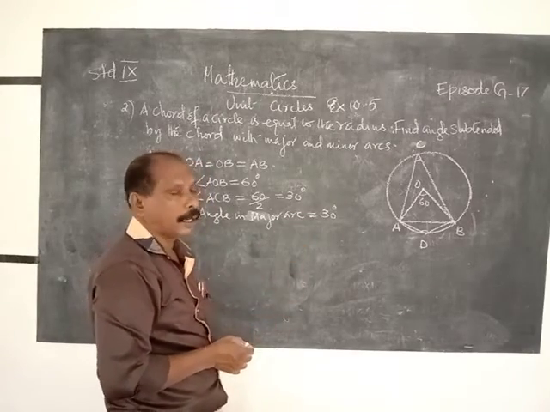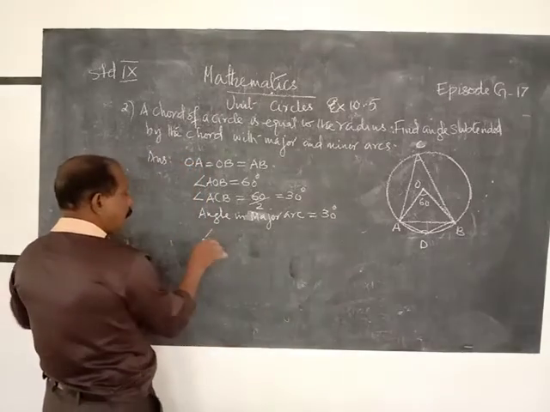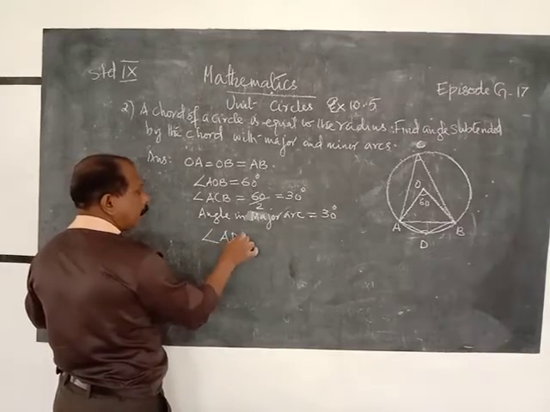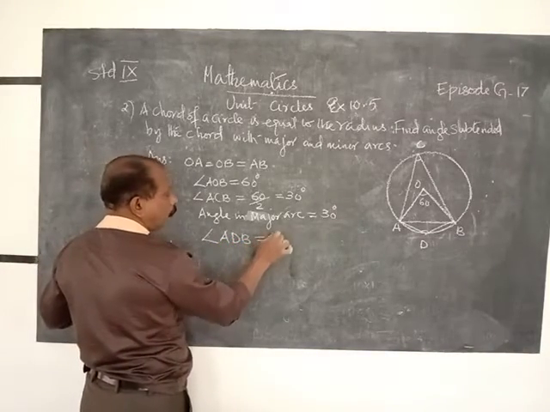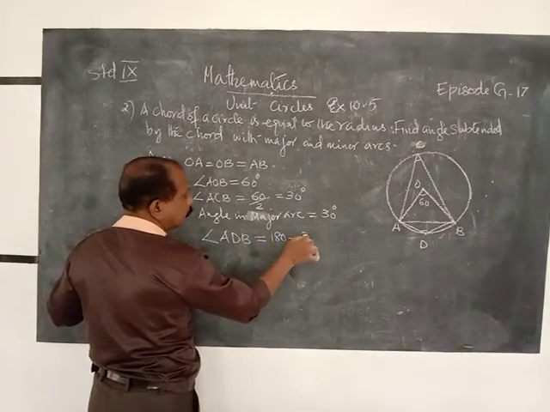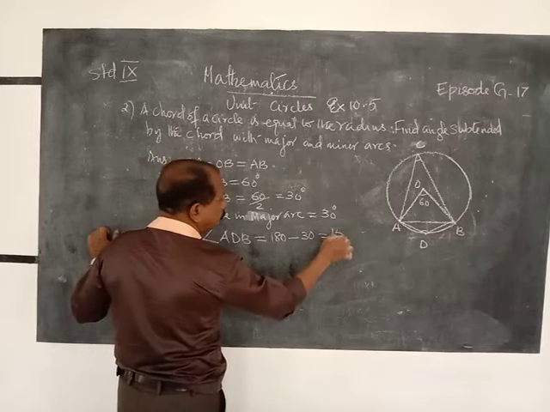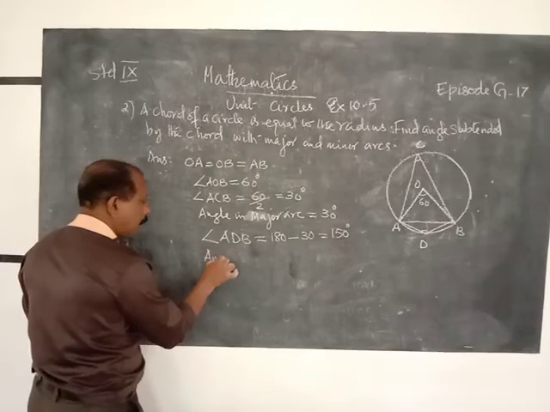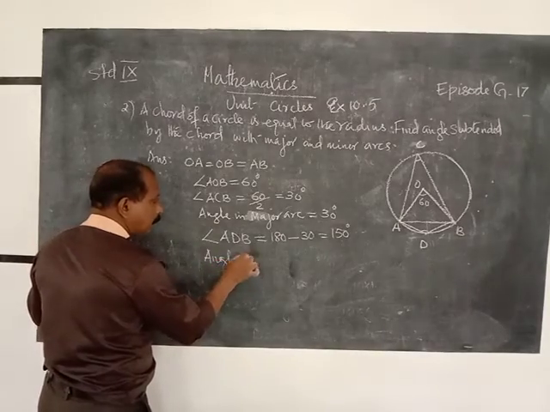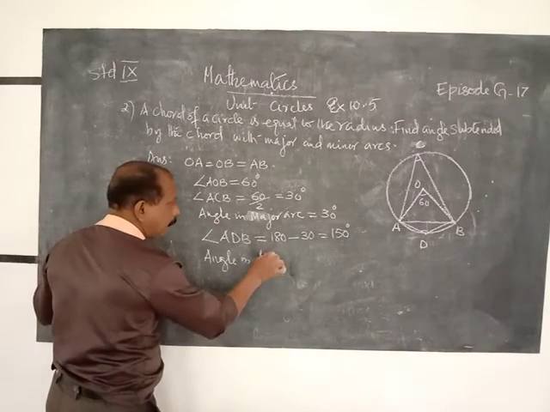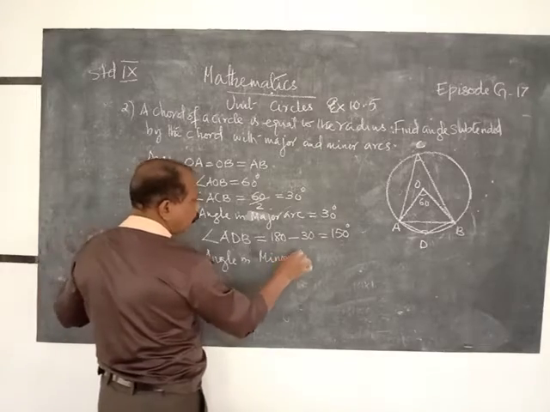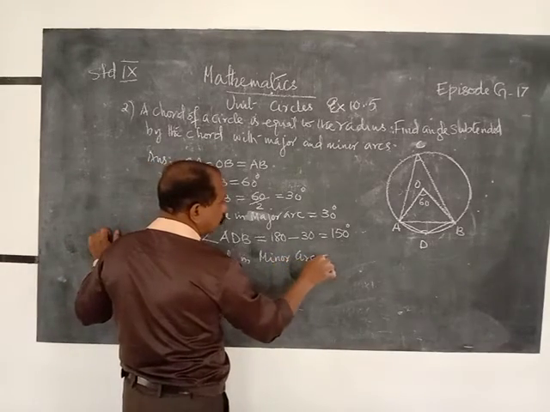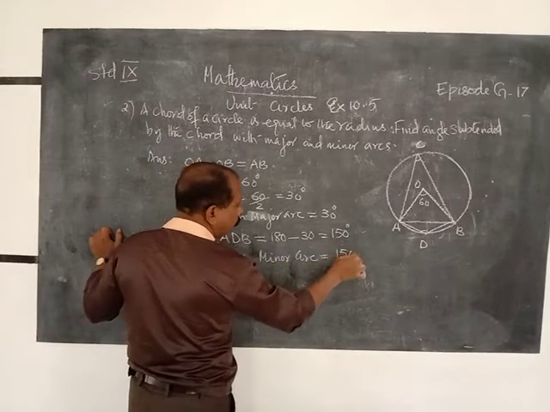Half of that one is angle ADB. So angle ADB is equal to 180 minus 30, which is 150. Therefore, the angle in the minor arc is equal to 150 degrees.